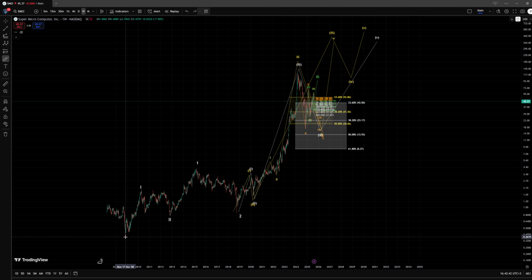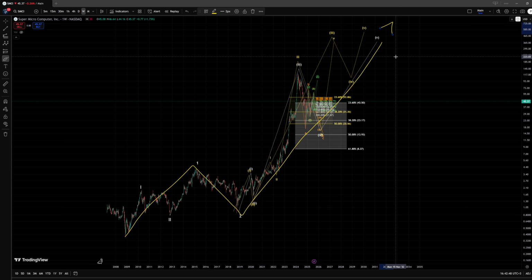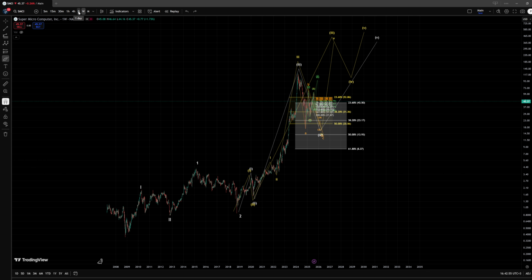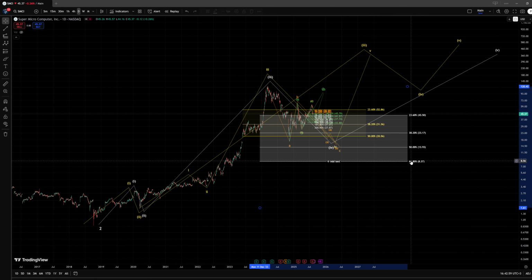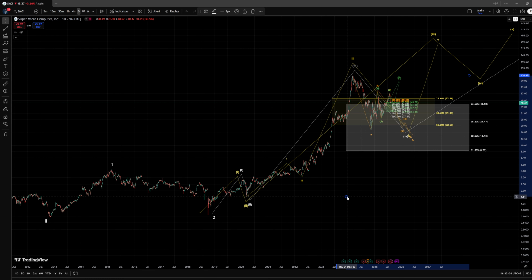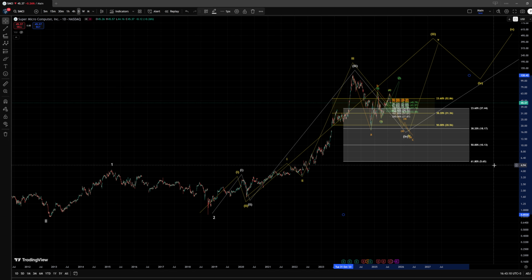Or we would have a large ABC, and then possibly a wave 1 in a leading diagonal, but to be honest, it could also be something much more bearish. With that said, we are still tracking that possibility, and we have the white support zone for that. Just keep in mind, if we fail to hold this support zone, we do have a backup that lets us go much lower, to $5.60, as I said.